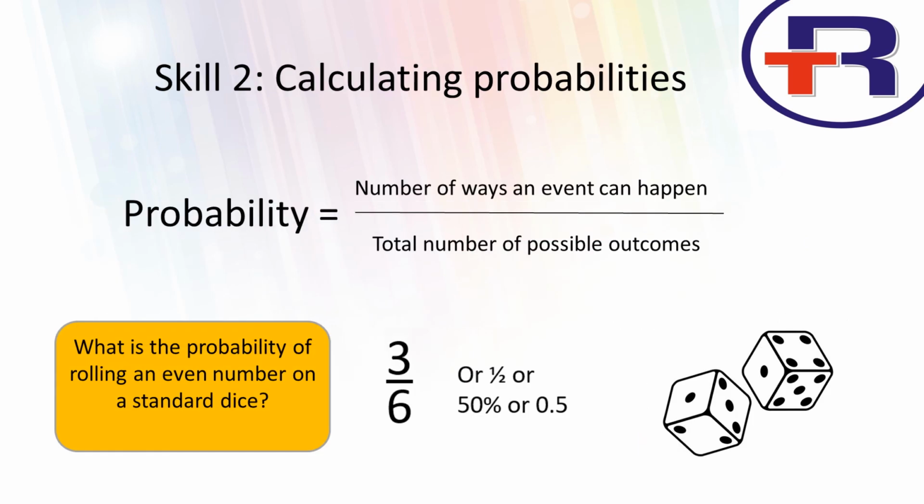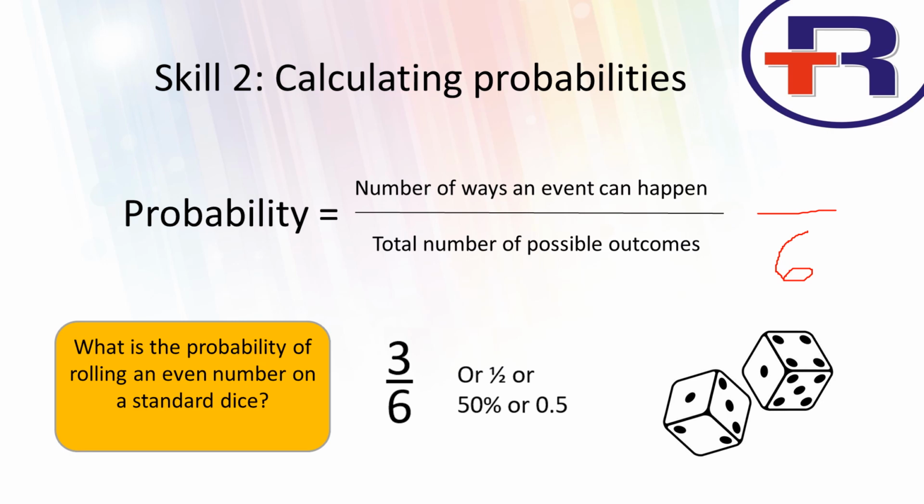But how do we calculate the probability of something happening? Probability is calculated by the number of ways that an event can happen over the total number of possible outcomes. It's like building a fraction. For example, if we've got a standard 6-sided dice, the probability of rolling an even number on that dice, well, there are 6 possible outcomes on the dice. 1, 2, 3, 4, 5 and 6.